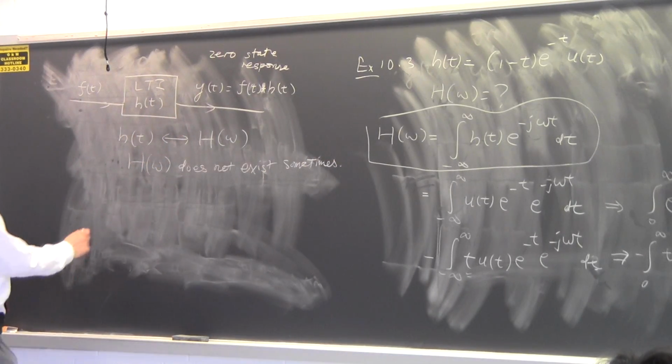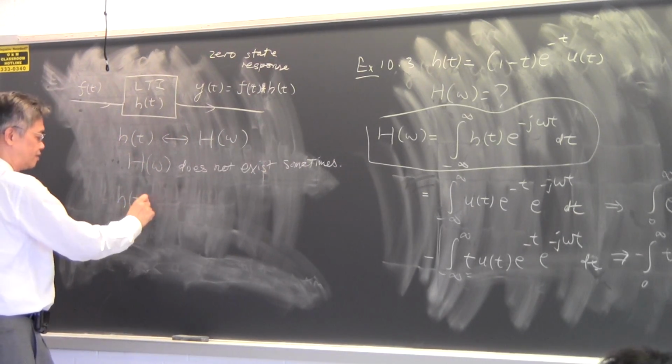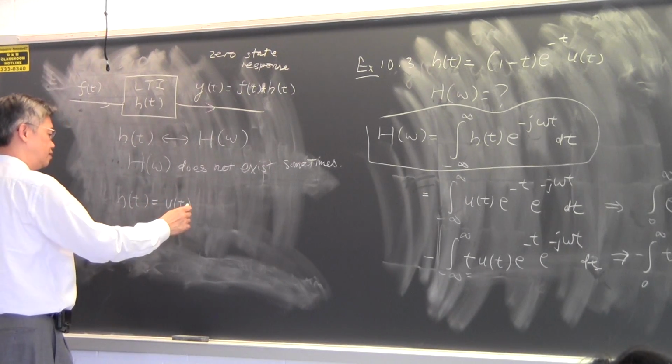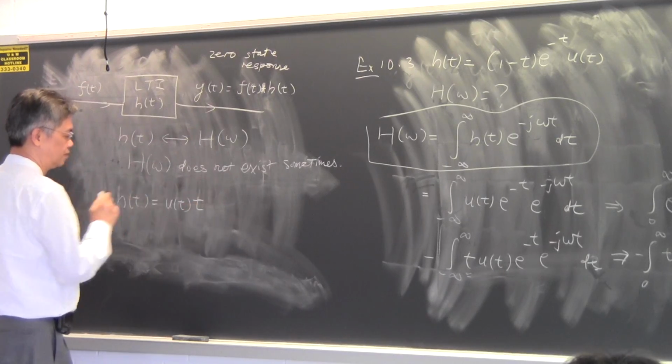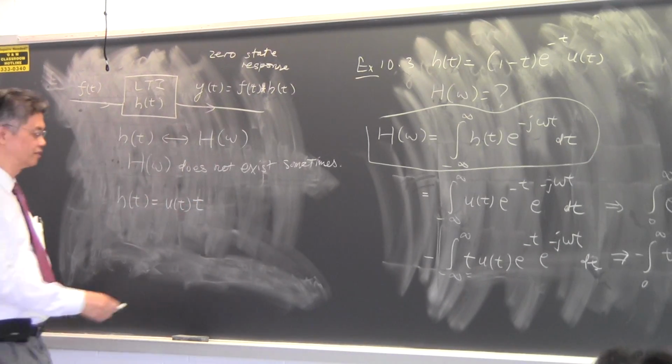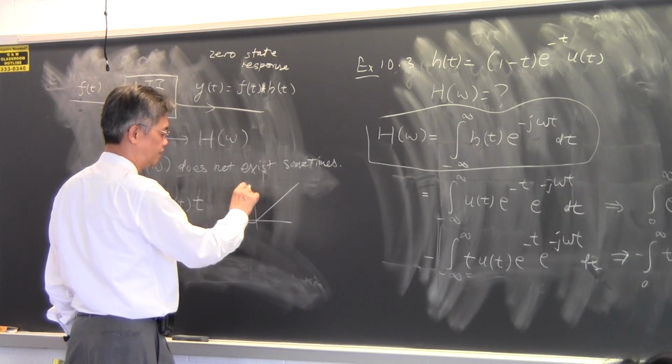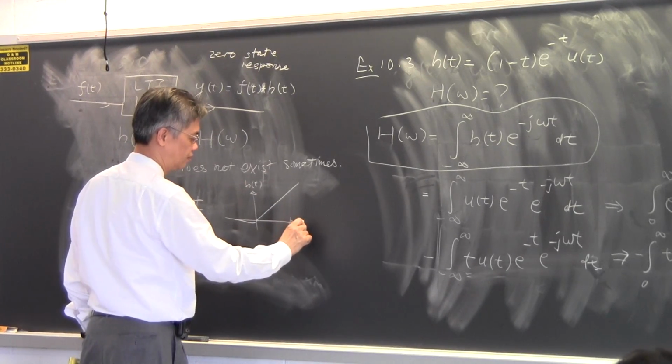The case in point is what happens if h of t is something like u of t times t. It is a function that looks like this.